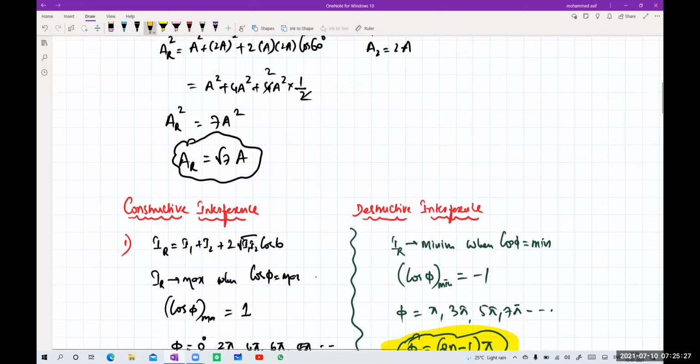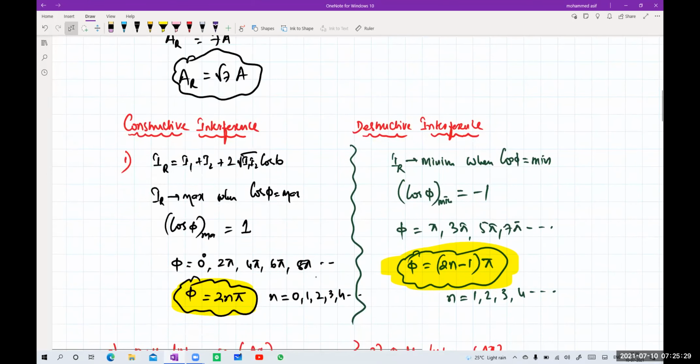Now let us talk about constructive interference and destructive interference. What do you mean by constructive interference, beta? Constructive interference is nothing but a bright point, same phase. Destructive interference means dark points. For intensity, what is the formula, beta? The intensity formula is IR is equal to I1 plus I2 plus 2 root I1 I2 into cos phi.